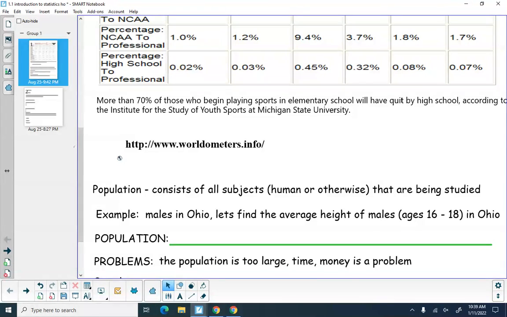What is the group of those people or those things that are being studied? The group of dogs, the group of males in Downton High School, the group of females in Downton High School. It's just categorized as a big group of people. That's your population.